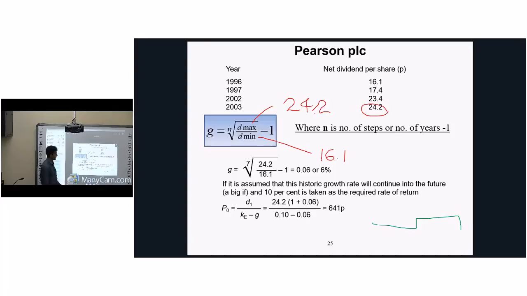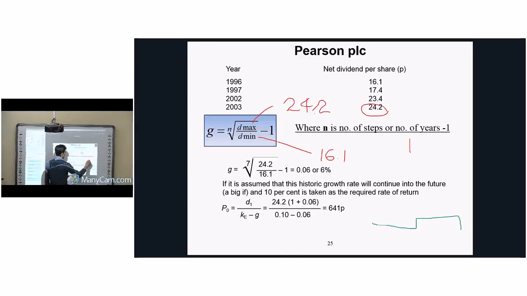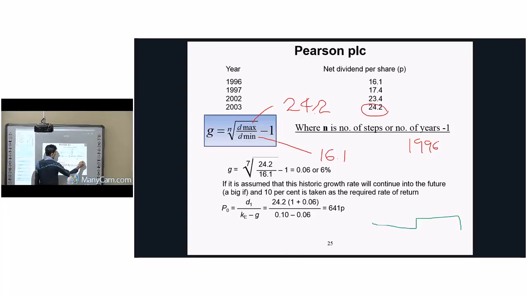From 97 to 98, you have 2 years. To 99, you have 3 years.